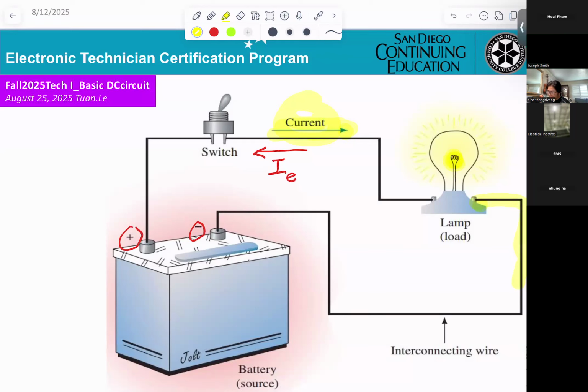And that current goes back to the negative. So when you turn on the light and it's not on, that means the resistance inside the lamp is broken, so current cannot flow through it.